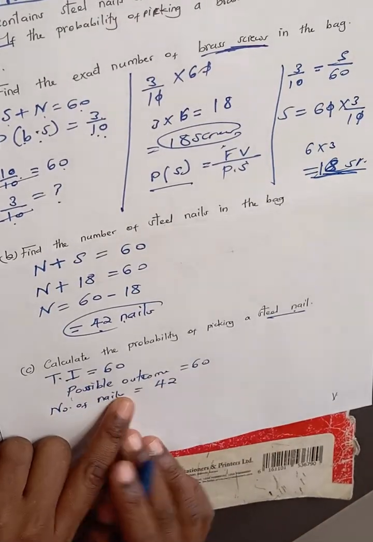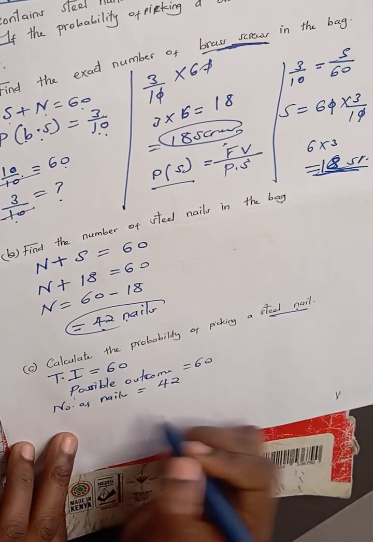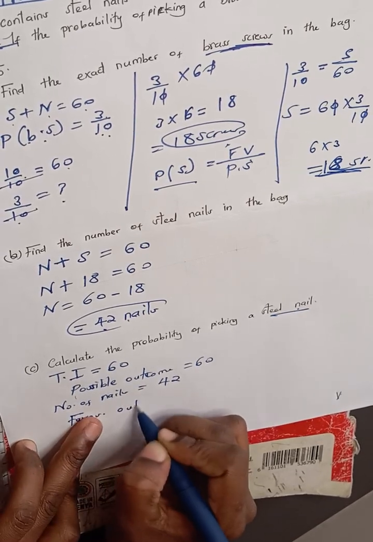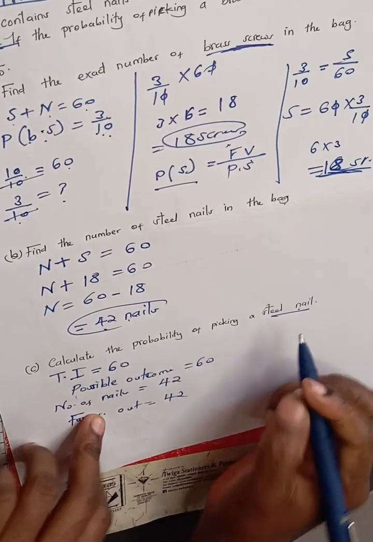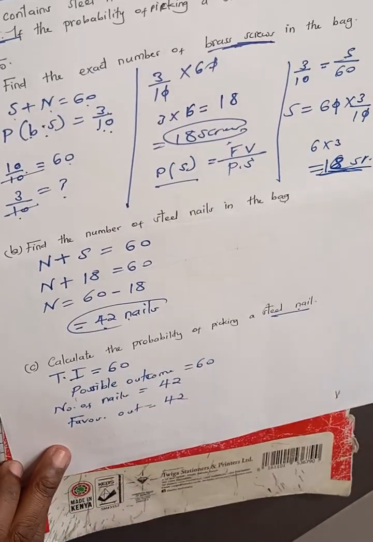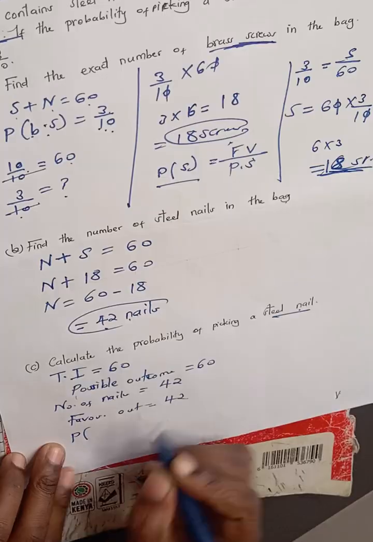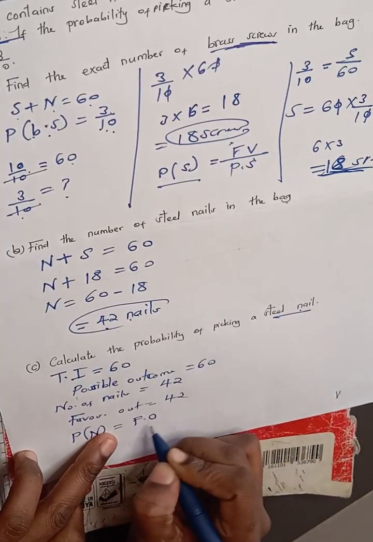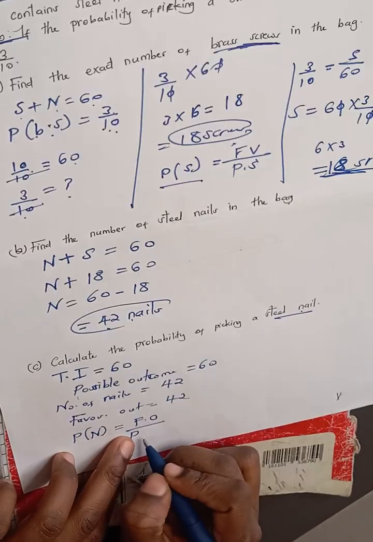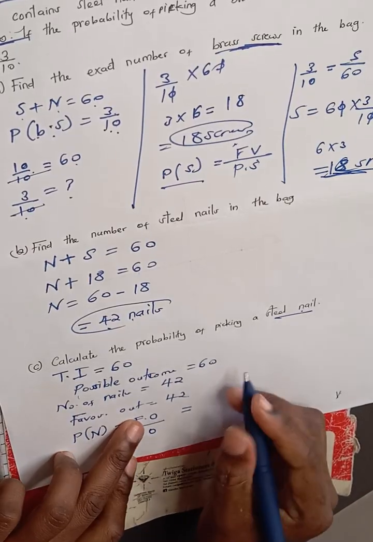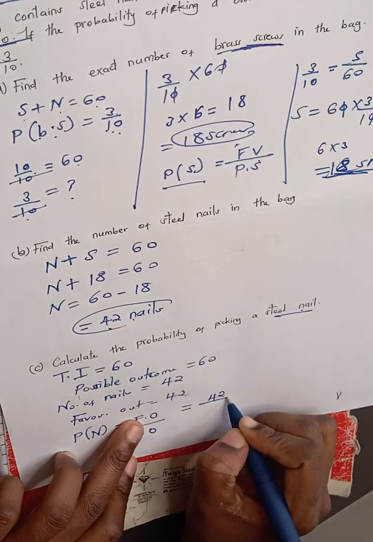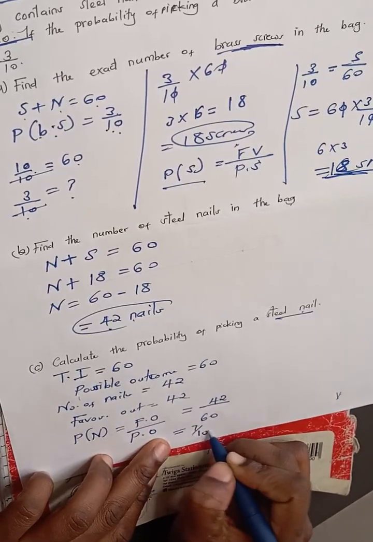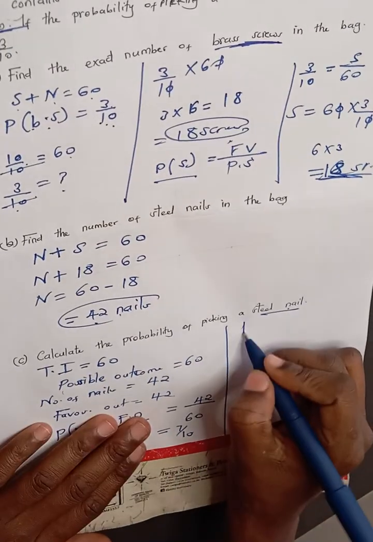We got it on part B. So favorable outcomes is equal to 42, since that is the number of nails. The probability of picking a steel nail is equal to favorable outcomes over possible outcomes, which is 42 over 60, and the answer is going to be 7/10.